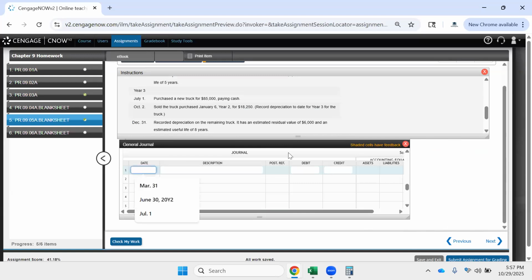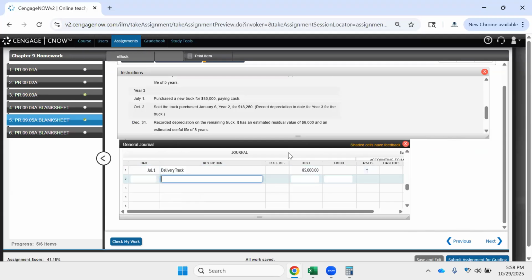And we're going to record that July 1st, delivery truck debit of $85,000, credit to cash. October 2nd, we sell the truck purchased January 6th, year 2 for $18,250. First, we have to record the year 3 depreciation for the truck.